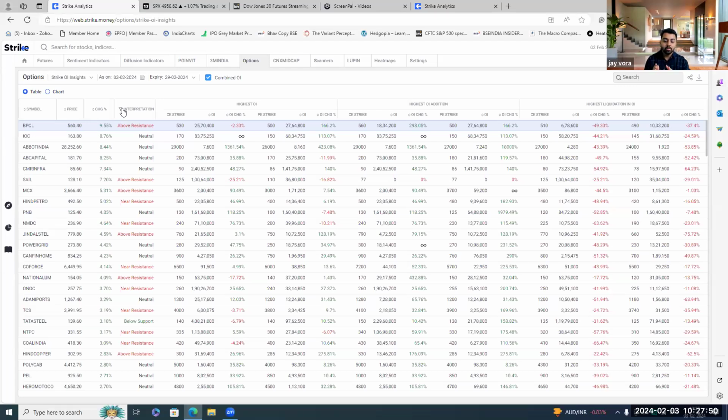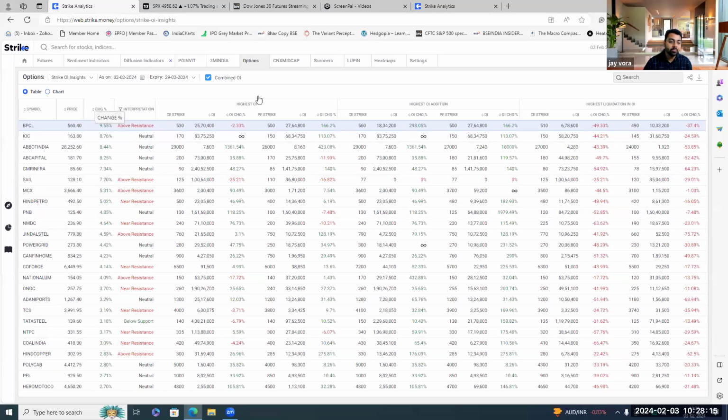Because right now, like I told you, you're barely seeing anything which is near the support level. Most of the things you're seeing are largely above resistance or near resistance, and that is specifically telling you that the market in the short term is in an uptrend. Okay, and that is why you're seeing such behavior.